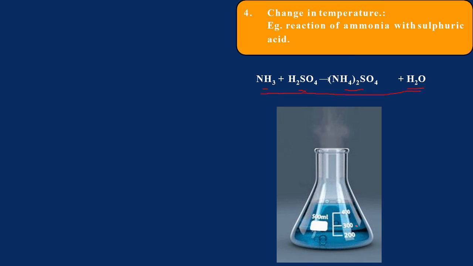But this solution turns immediately when they mix NH3 and H2SO4, you get a lot of bubbles and a lot of gas coming out. So from this you can say that there's a change in temperature, the temperature is increasing from when it was at room temperature before this reaction was done.